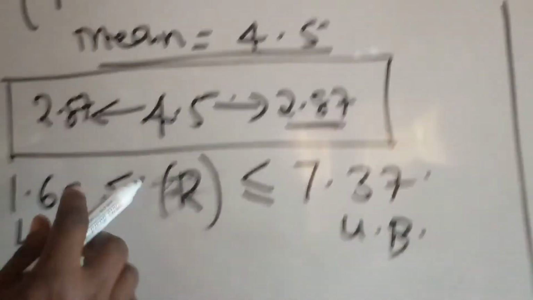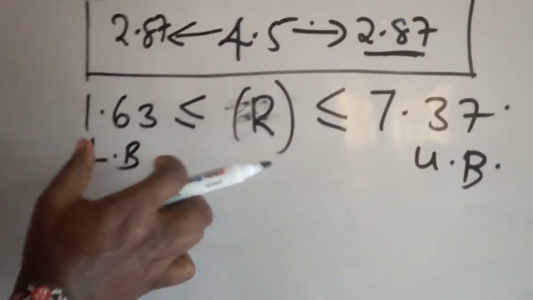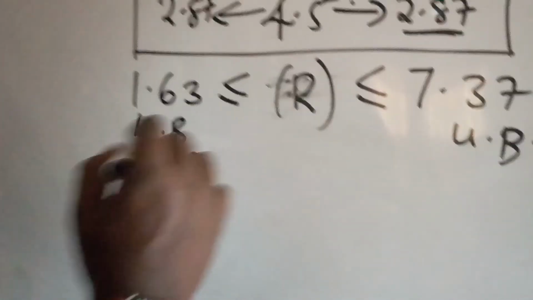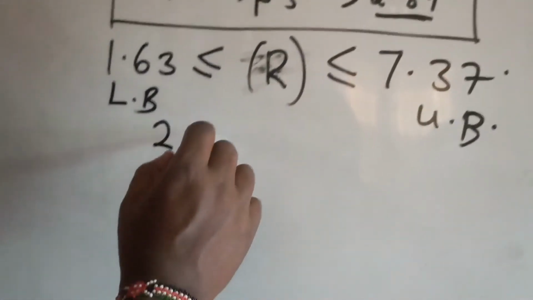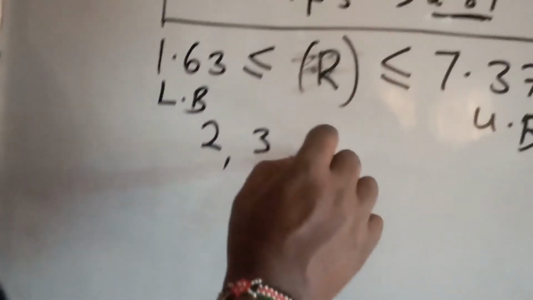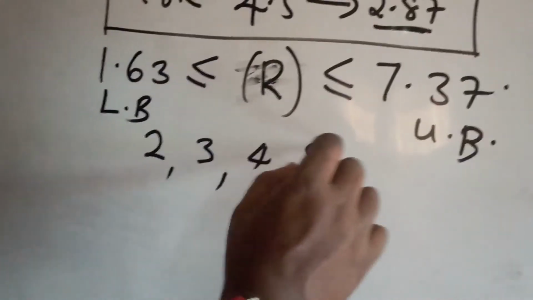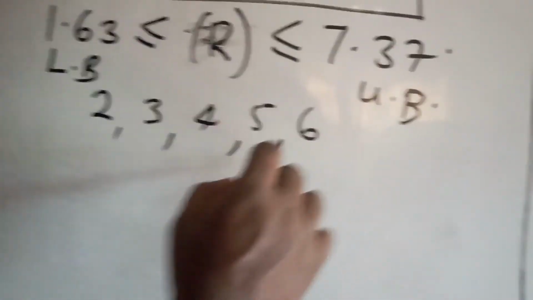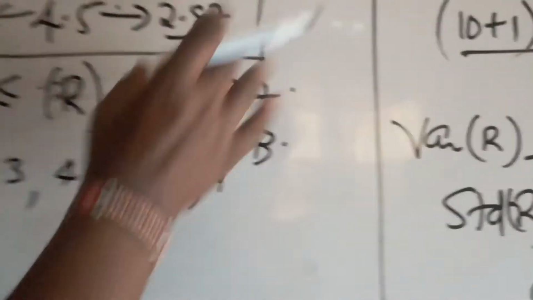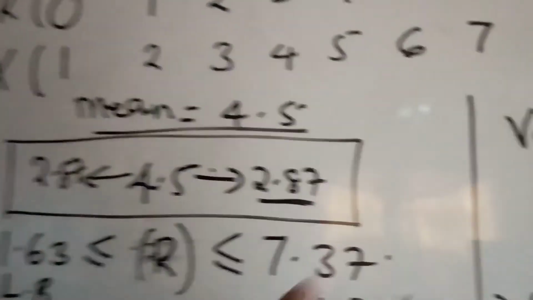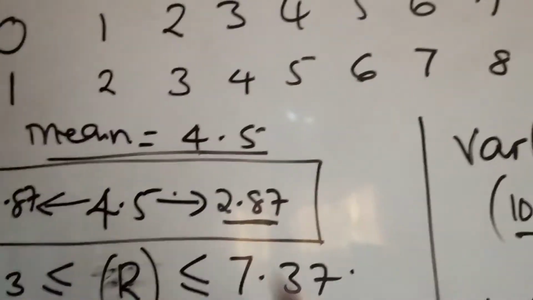So it is above 1 and below 2. The real numbers that we accept are 2, 3, 4, 5, 6, and 7 itself, because the upper boundary is at 7.37, but 7, which is discrete, is right within our range.